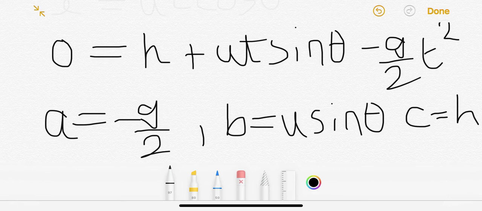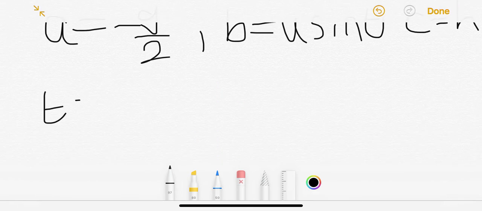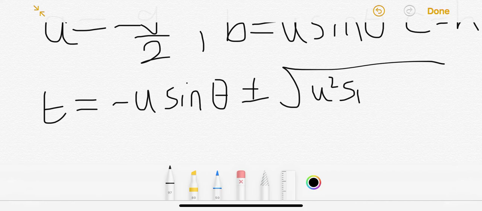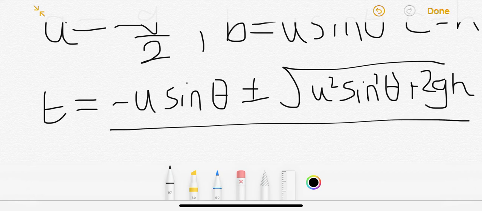So putting that into the quadratic formula, we have t equals minus u sine theta plus or minus the square root of b squared, which is u squared sine squared theta, minus 4ac, which is actually going to be, we multiply that by minus g over 2, so that's going to be plus g over 2, 4 times g over 2, which is 2g, so 2gh, all over 2a, which is all over minus g over 2 times 2, which is over minus g.